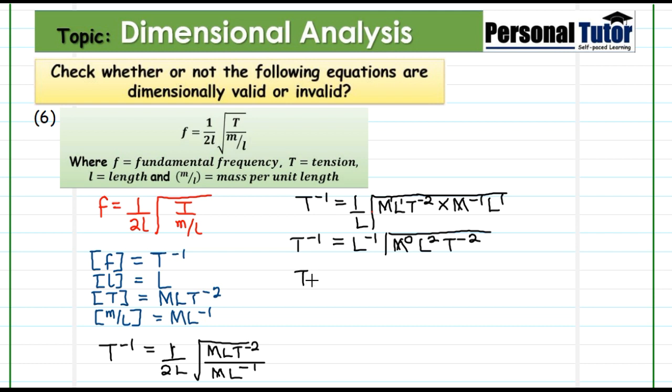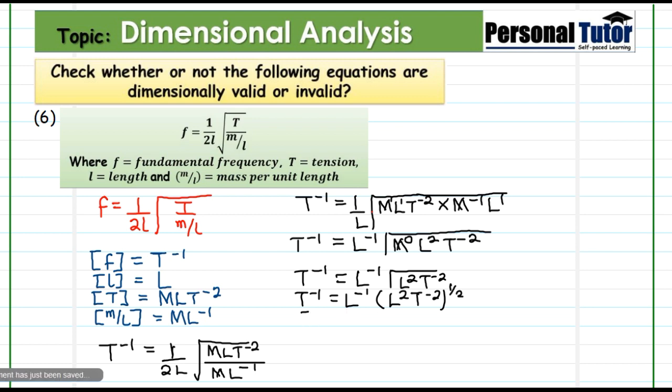So T exponent negative 1 equals L exponent negative 1 times the square root of L squared T negative 2, because M to the power 0 is 1. As earlier established, this will mean that you take each of these terms to the power half. Great. So half of 2 is 1.